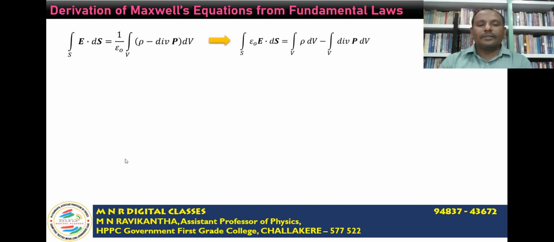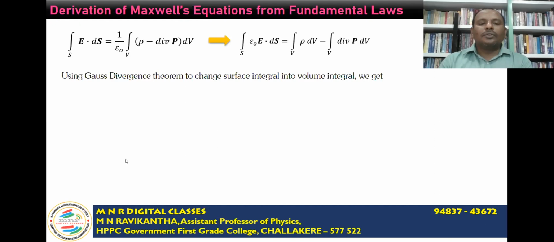This implies, just rearranging the terms, take this epsilon naught from the right side to the left side, we get surface integral of epsilon naught E dot ds bar is equal to volume integral of rho dV minus volume integral of divergence of P into dV.